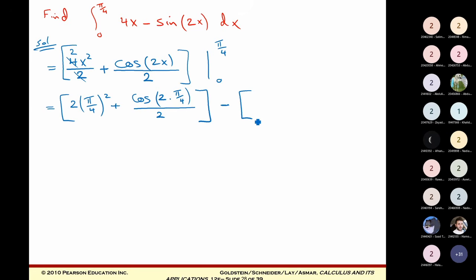Now substitute 0. 2 multiplied by 0 square is 0, plus cosine 0 over 2.